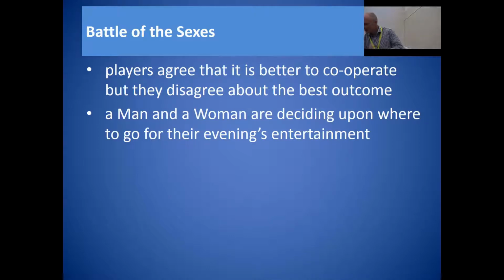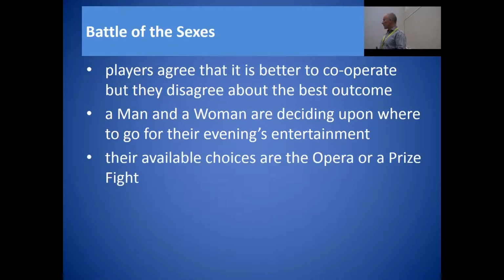In this game, a man and a woman are deciding where to go for their evening's entertainment. Their available choices, the two venues they can go to, are either the opera or a prize fight. So that is what they're choosing over.